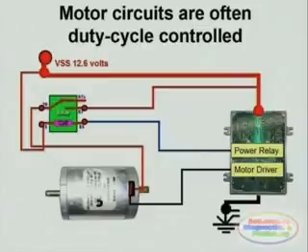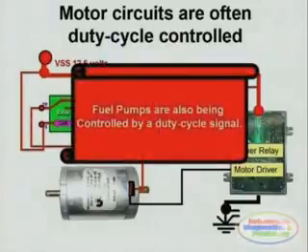This doesn't mean that the motor is controlled by the relay. Fuel pumps are also controlled by duty cycle signals through the negative side of the circuit. In this case, the relay provides the positive side to the motor, and the ECM or the ECM driver provides a pulsated ground to the negative side of the motor.